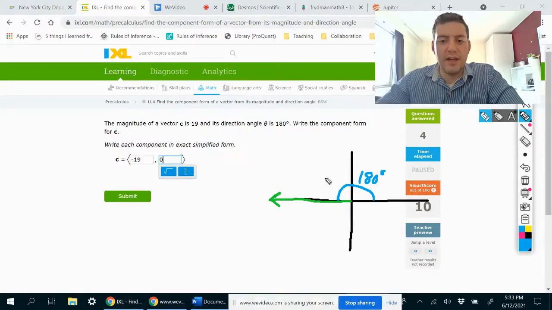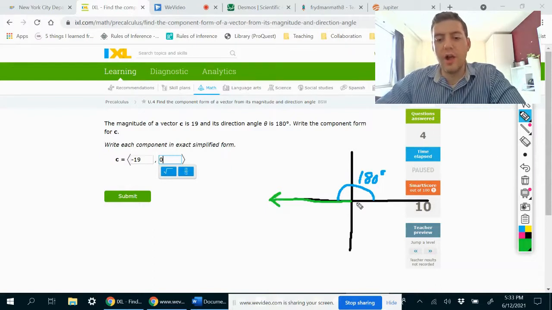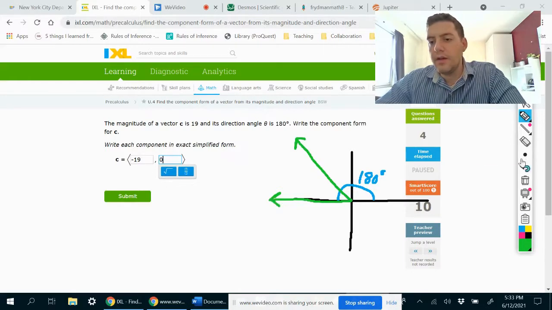Imagine that you had a vector that also had a magnitude of 19. So it's just as long as this vector, but it was not completely horizontal. So let's say it looked something like this. Maybe I didn't draw it perfectly, but the length here is the same as the length over here. If that had been the case, then the horizontal component would not be 19 or negative 19.